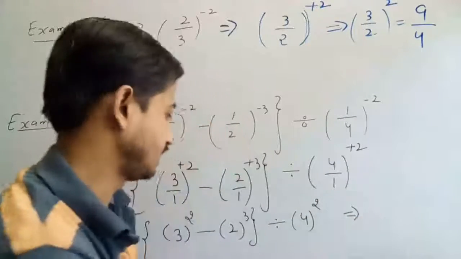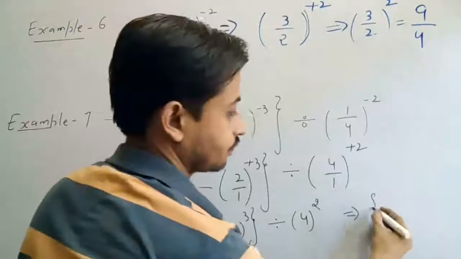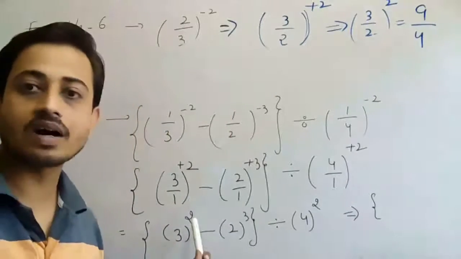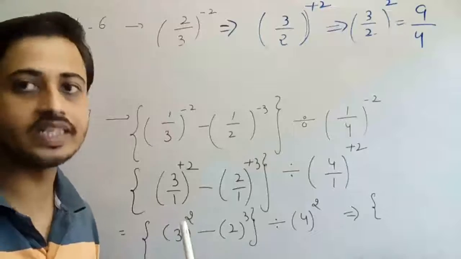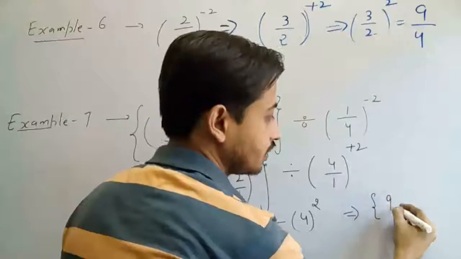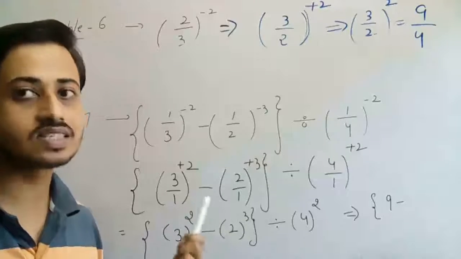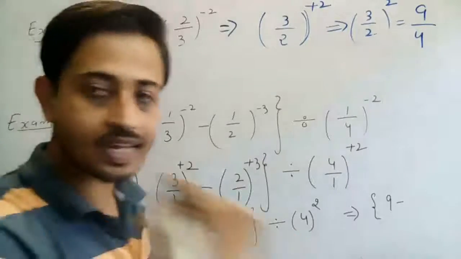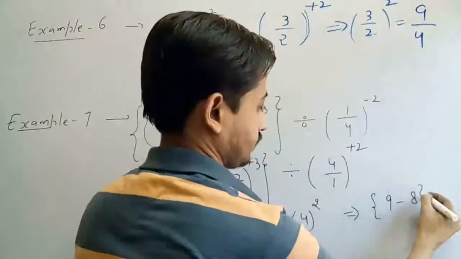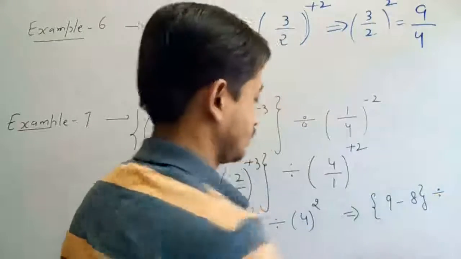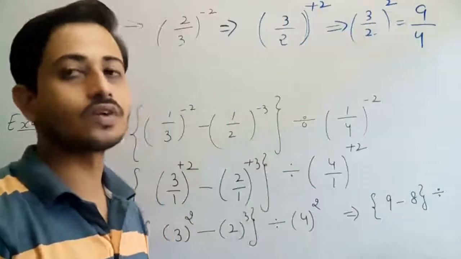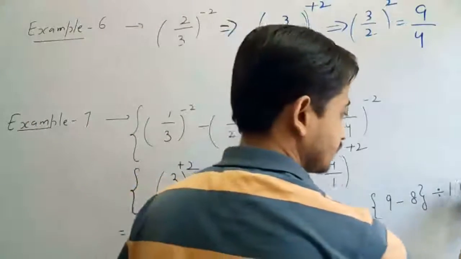It's very easy. 3 raised to the power 2 means 3 has 2 times. 3 into 3 we get 9, minus 2 raised to the power 3. So 2 has 3 times. 2 into 2 into 2 we get 8. Divided by 4 raised to the power 2. 4 into 4 we get 16.